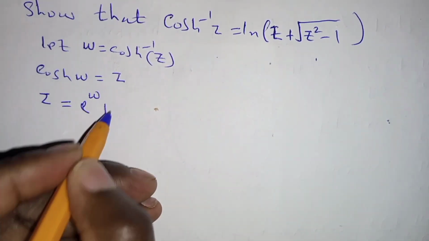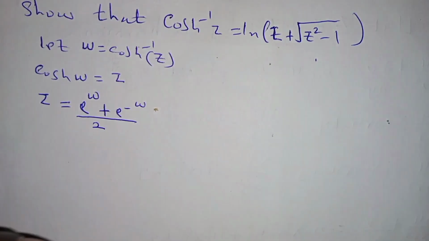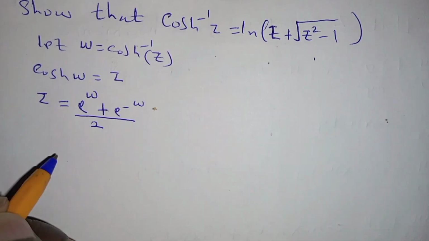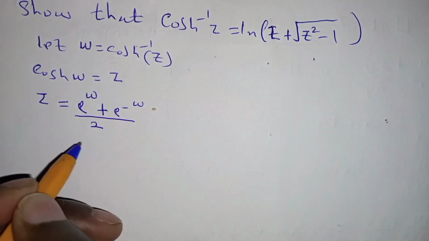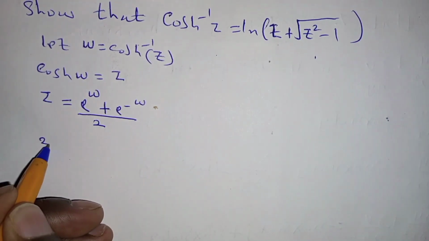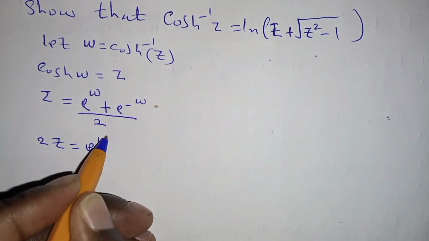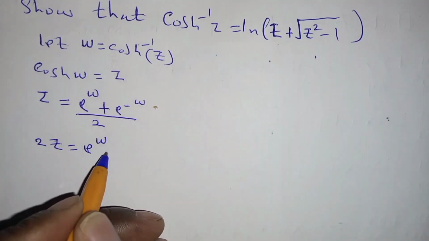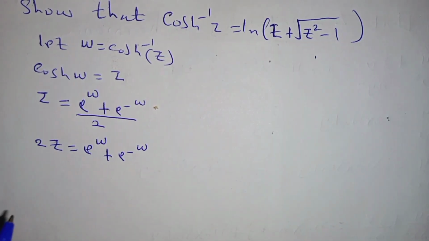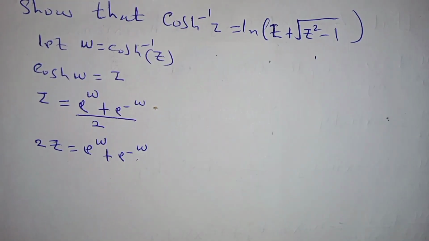Then z can be written in the form of Euler's formula as shown here. At this level, you can decide to multiply by 2 on both sides so that you get 2z is equal to e to the w plus e to the negative w.